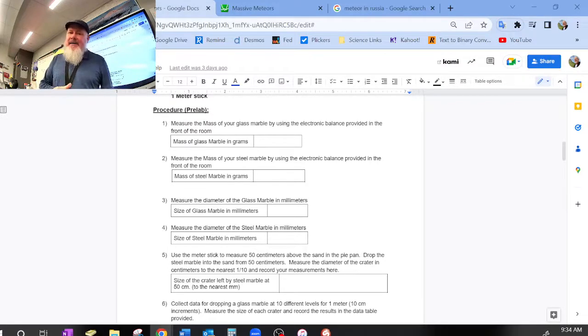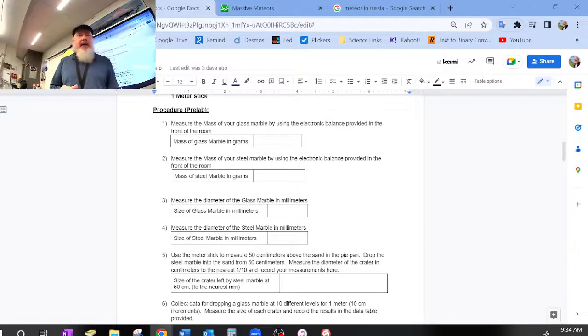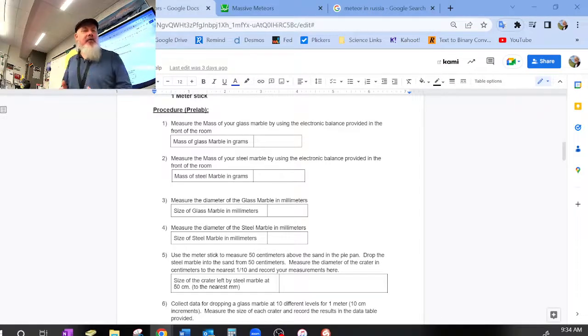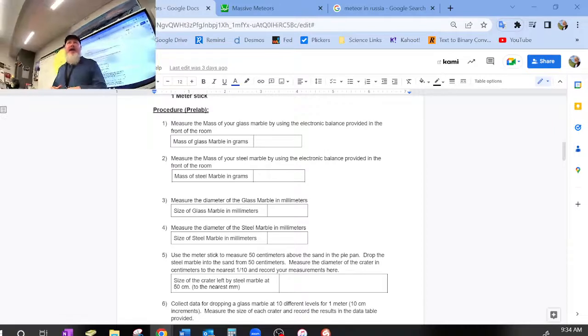Your mass is how much of those elements on the periodic table, how much of that stuff is inside you. Your mass is measured in grams, and if I said I was 98 kilograms, that means on the Earth I'm 98 kilograms. That means on the Moon I'm 98 kilograms. On Jupiter I'm 98 kilograms.